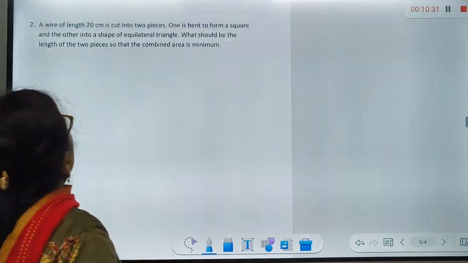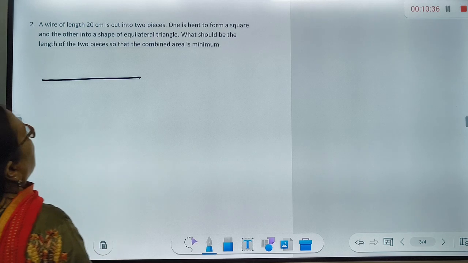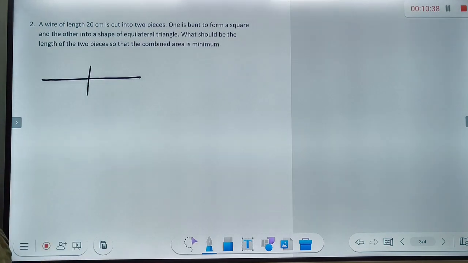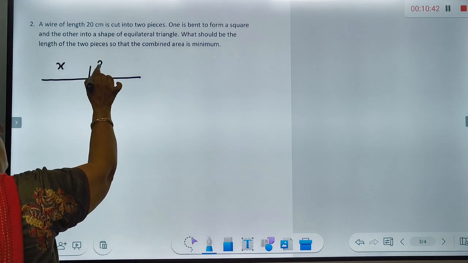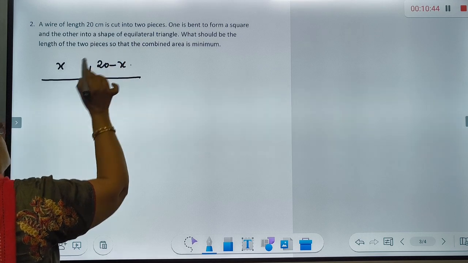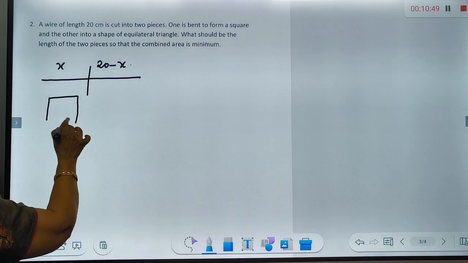Now a wire of length 20 meters is cut into two pieces. Okay. So if this is x, this will be 20 minus x. One is bent to form a square.